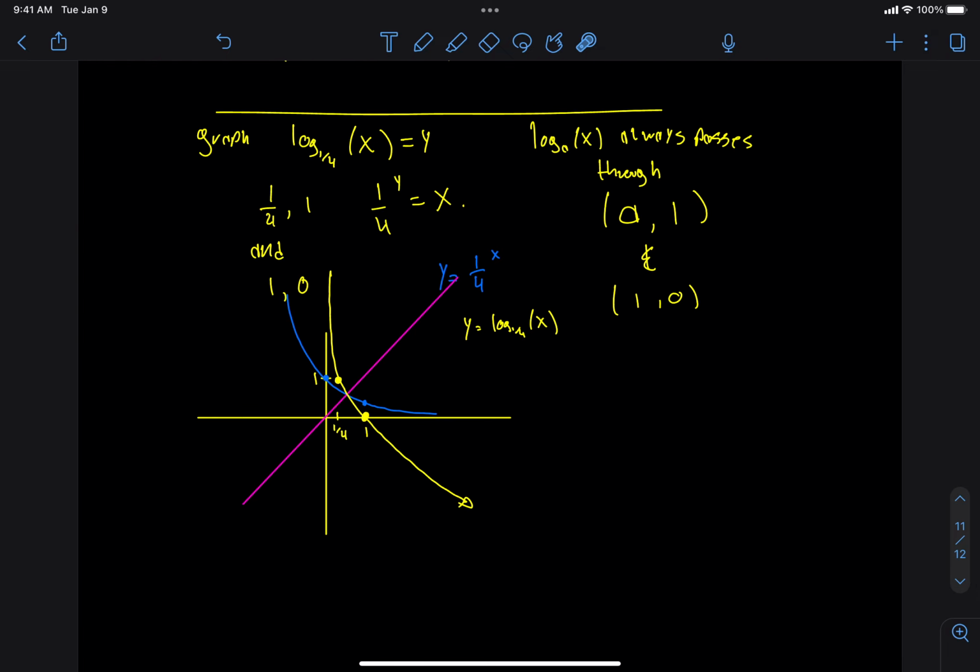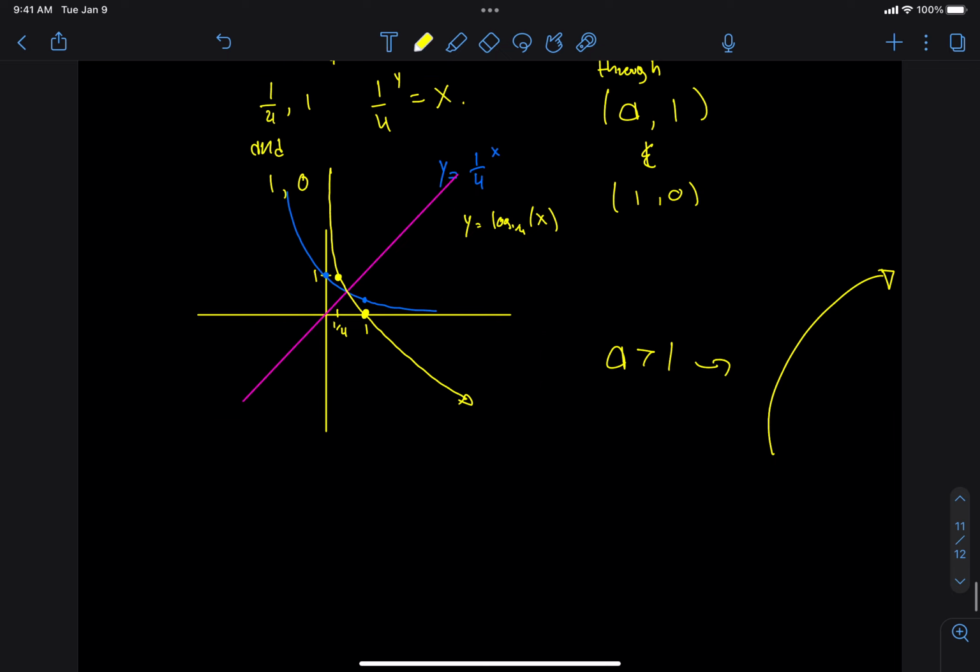But what I would look for is, you need to have the 2 points, (1/4, 1) and (1, 0), on your graph. That's non-negotiable. Beyond this, you need to know that if a is bigger than 1, the graph of a logarithm, loosely speaking, looks like this. If a is less than 1, which is the case here, the graph of the logarithm will look instead like this.